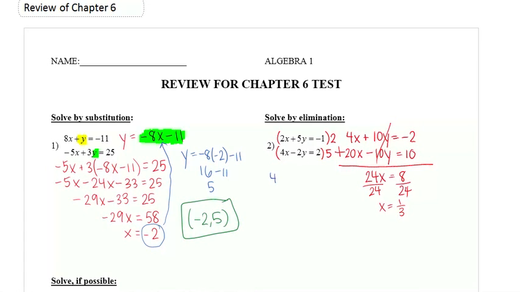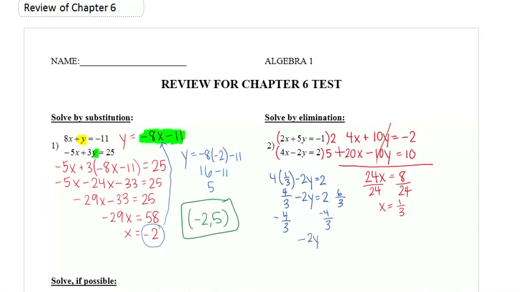So 4 times 1/3 minus 2y equals 2. That's 4/3. If I subtract 4/3 from both sides, I need a common denominator here, so 2 can be rewritten as 6/3.